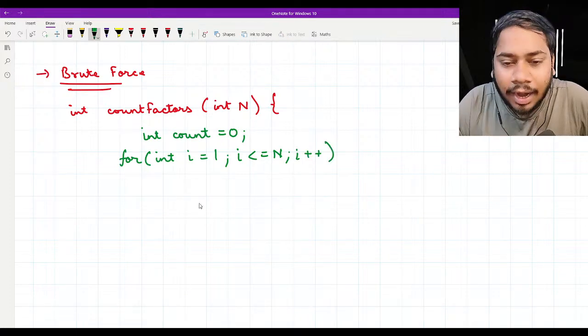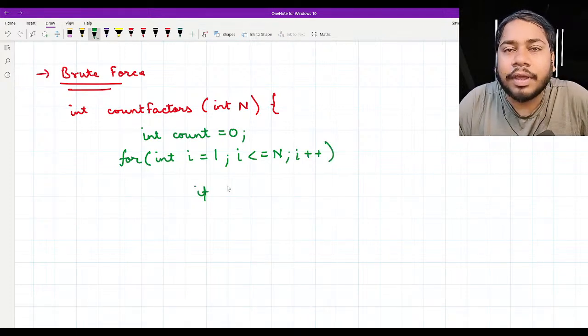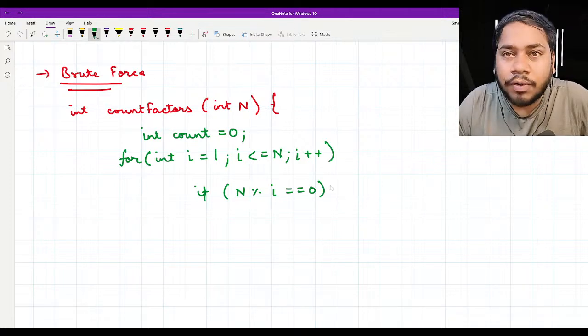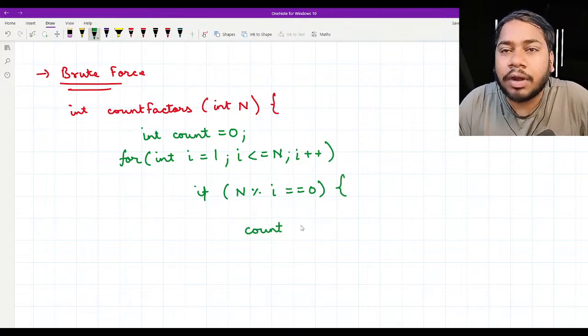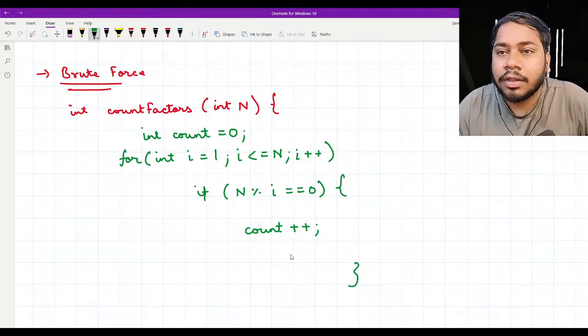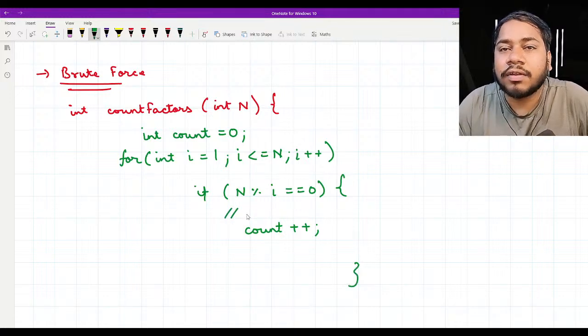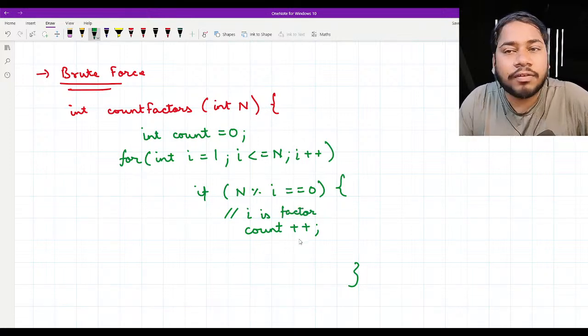And in that, we will have if n modulo i is equal to 0. That means that particular i is a factor, so we increment count. When we come inside this if, it means that i is a factor of n.